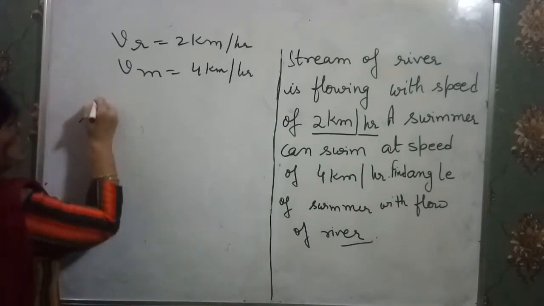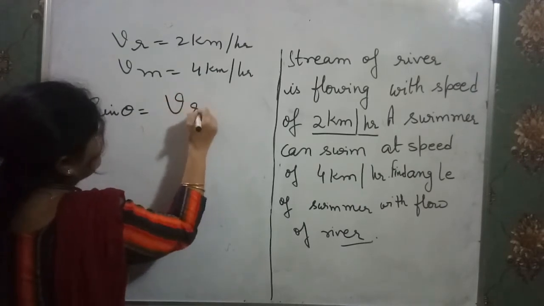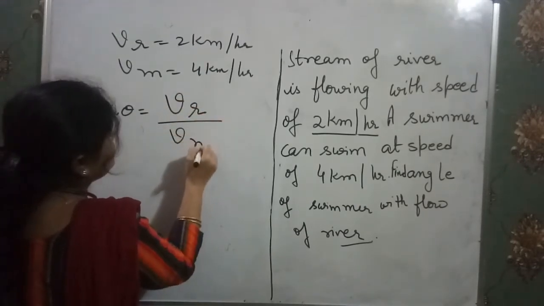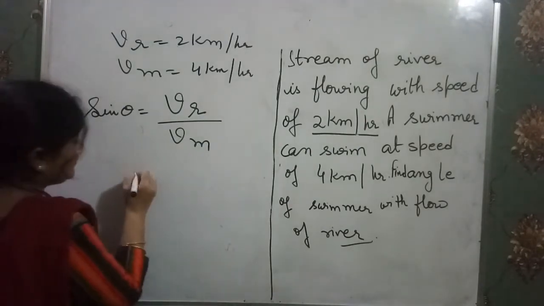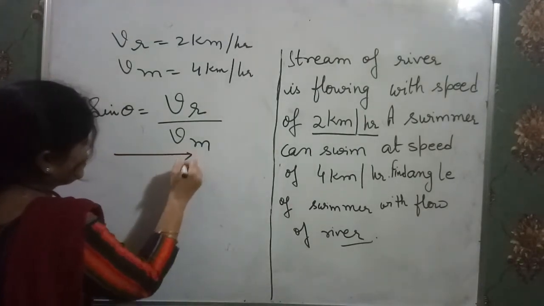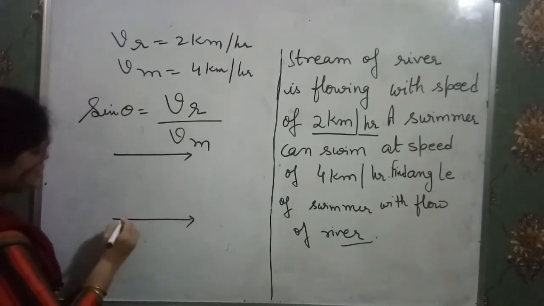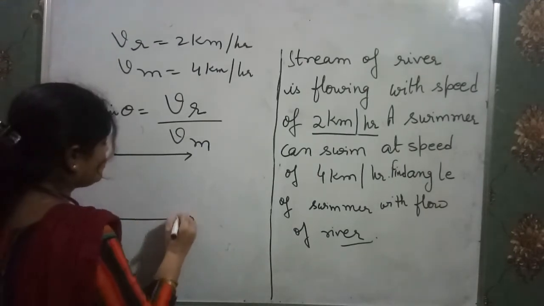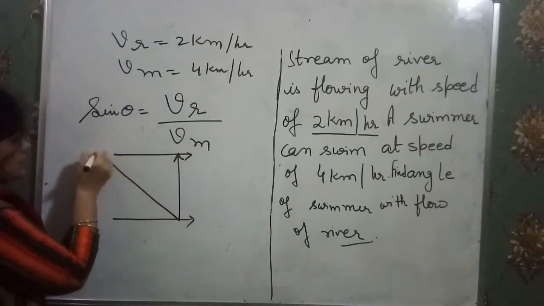For that, you remember velocity of river over velocity of man. How does it come? This is our figure. This is the river. It is flowing in this direction. If a man wants to cross it straight, he must swim in this direction.